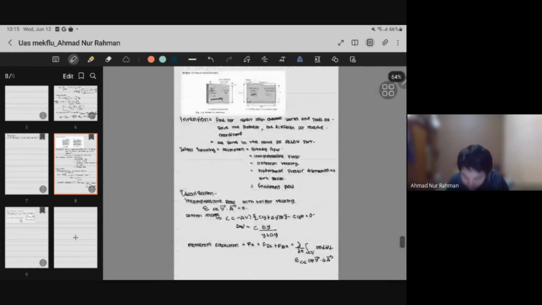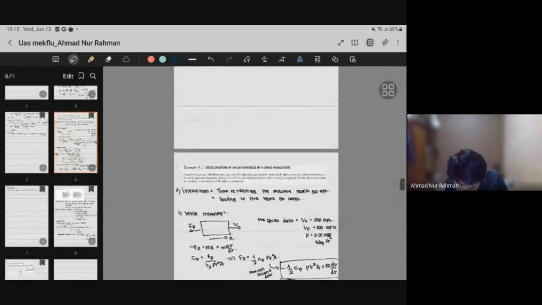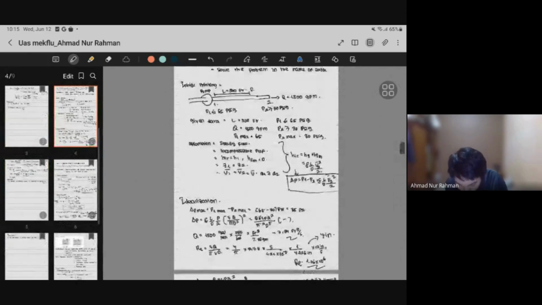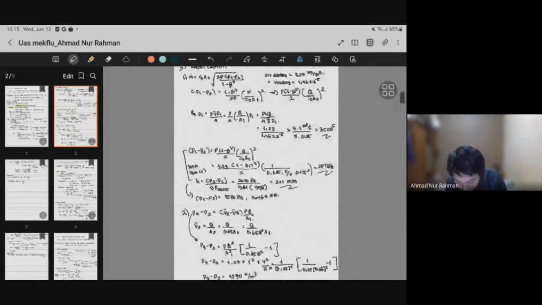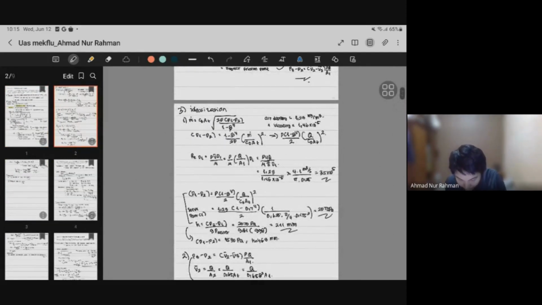This momentum equation is the same as when we solved the previous problem.